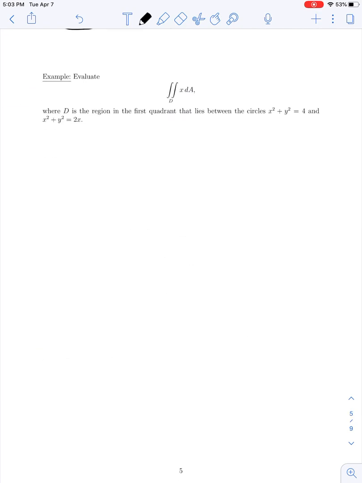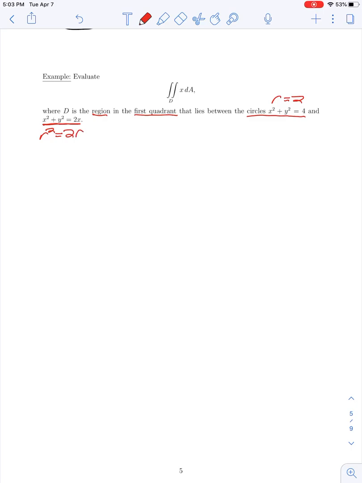In this next example, we have the double integral of x over the region D, where D, we're told, is the region in the first quadrant, which lies between the circles x squared plus y squared equals 4, or in terms of polar coordinates, r equals 2, the circle of radius 2, and the circle x squared plus y squared equals 2x, or rewriting this in terms of polar coordinates, x squared plus y squared is r squared.